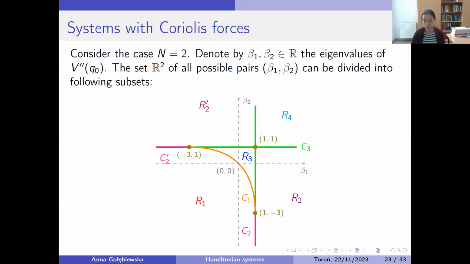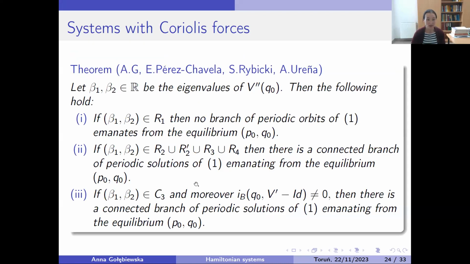Since n equals 2, we have 2 eigenvalues of this matrix. And if we have 2 eigenvalues, each pair of eigenvalues can be put somewhere on the R2 plane. So the whole set R2 can be divided into some subsets. I will denote those subsets by R1, R2, etc., and some lines here I will denote by C1, C2, C3, etc. And the results we obtain are the following.